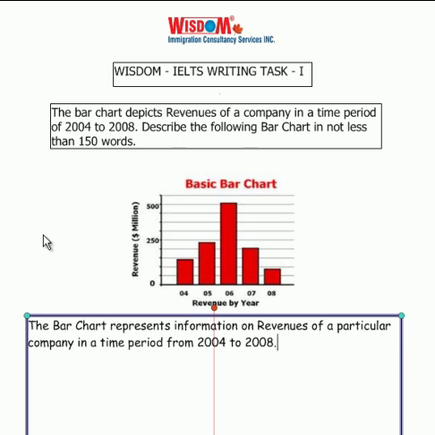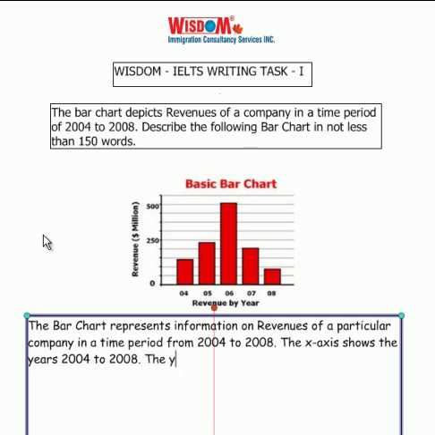Right? Now we have to give the information on what is present on the x-axis and the y-axis. So we can write the x-axis shows the years 2004 to 2008.